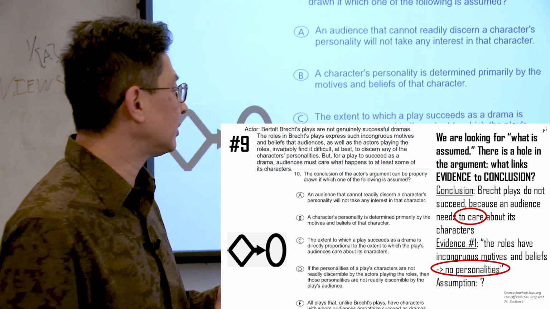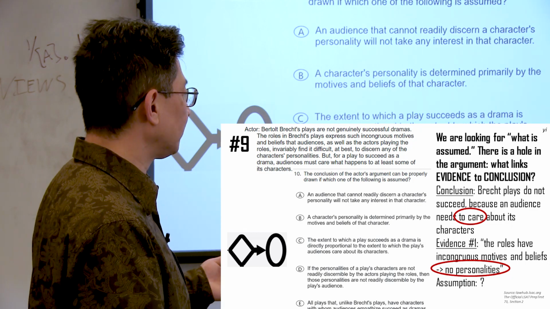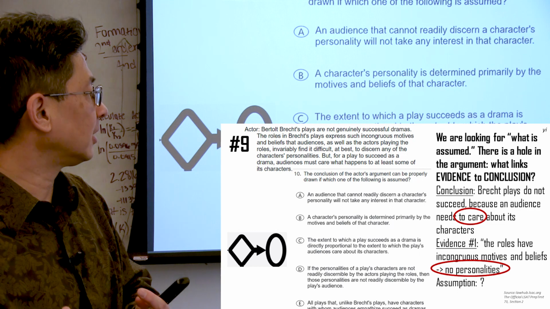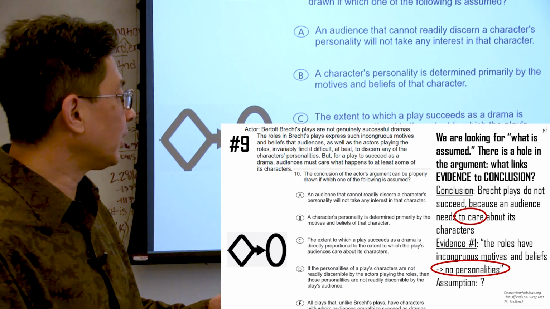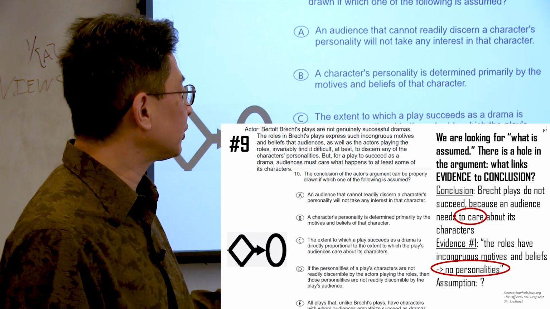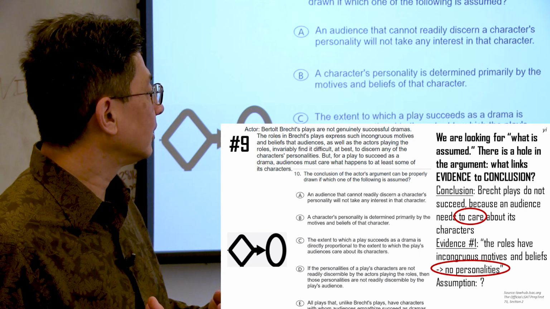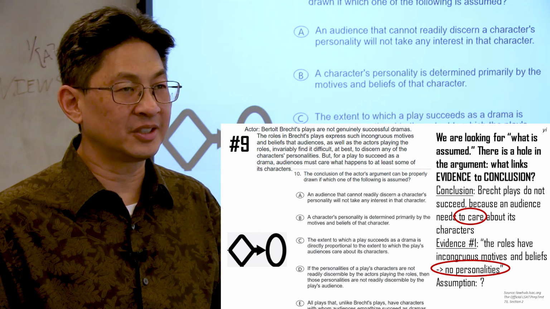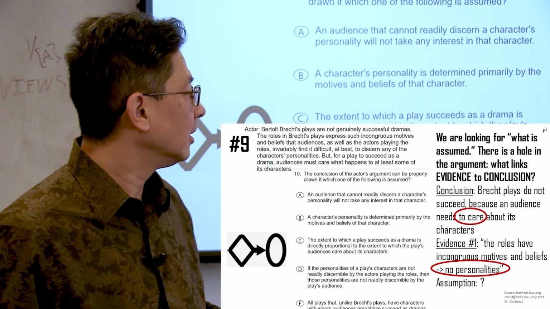So given these two pieces of information, what is the assumption? What links that piece of evidence to the ultimate conclusion? We start with roles have no personality. We end with Brecht plays do not succeed because the audiences don't care about the characters.